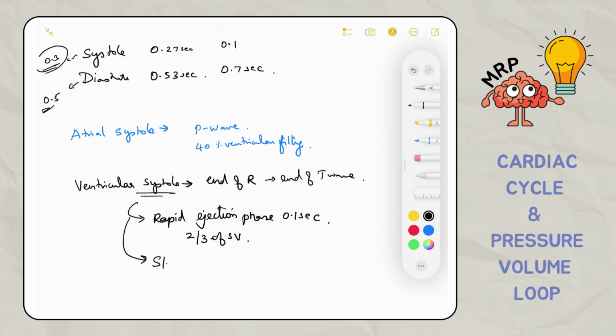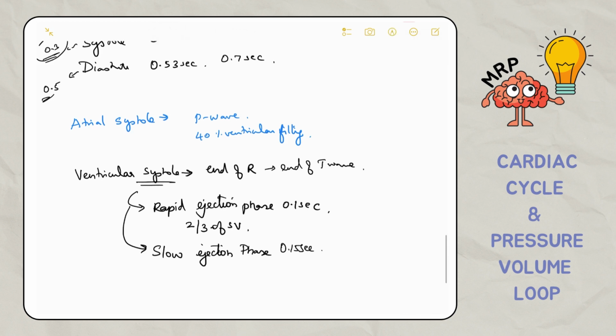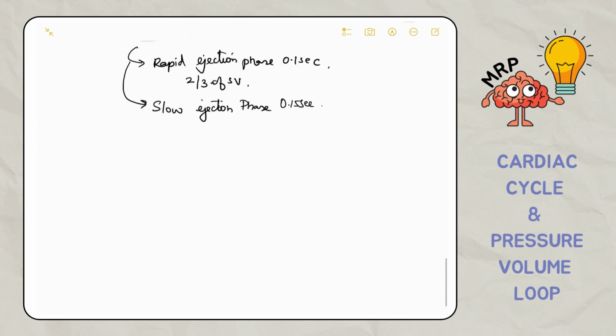The second phase will be the slow ejection phase, where ventricular contraction subsides and the pressure usually decreases during this time.